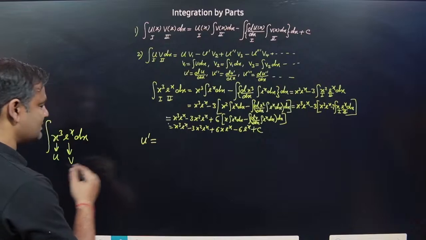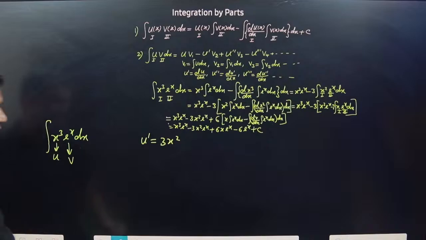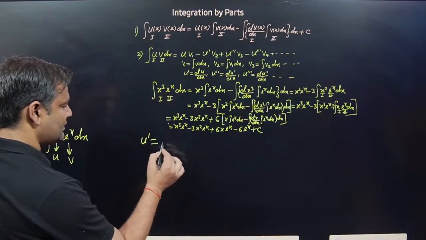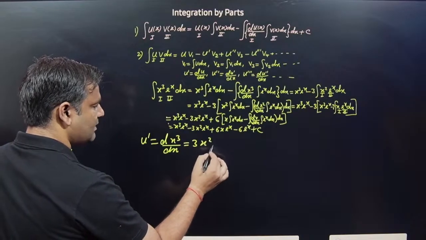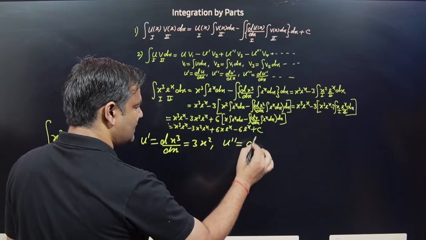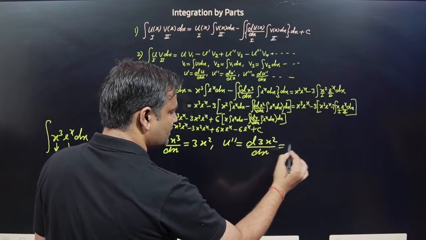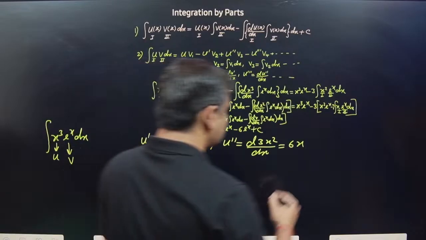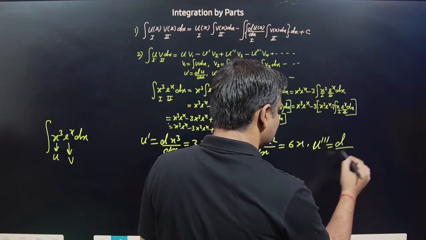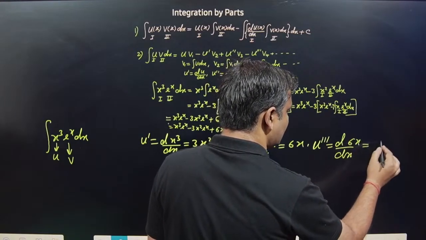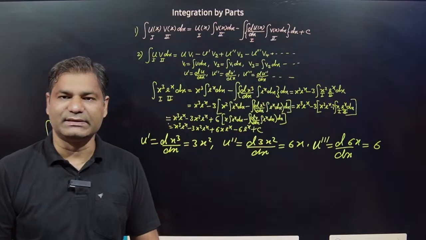U prime is 3x square, the differentiation of x cube. Now the double derivative, the differentiation of u prime, 3x square, is 6x. Differentiating again, the triple derivative, the differentiation of 6x, is simply 6. If we differentiate 4 times, we get 0, because 6 is a constant.